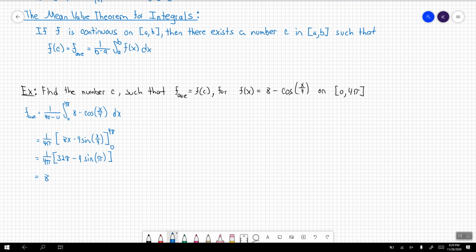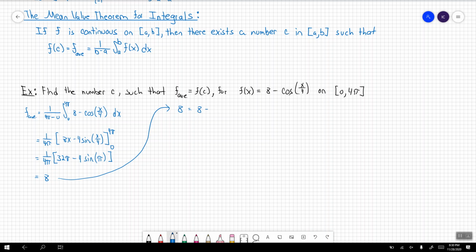So now that we have the average value of the function, we're going to find what is the c value on this given interval that works. So here we go. I want my average, the one that I just found, I wrote 4, but I meant 8. There we are. f of c is going to be my function evaluated at c.